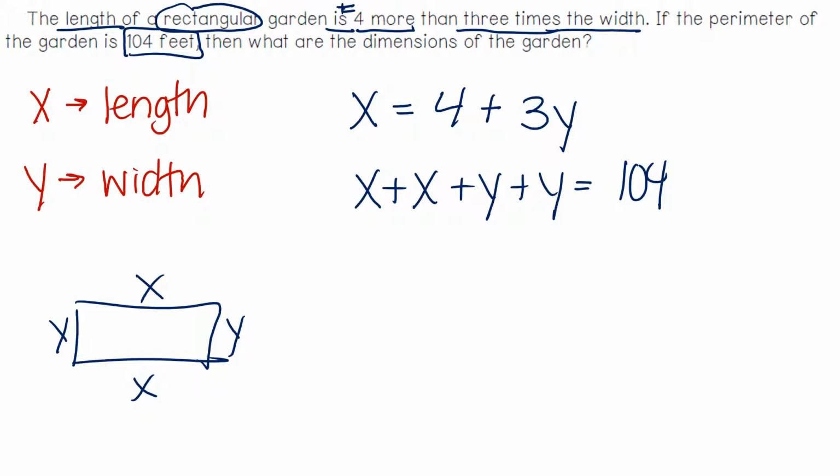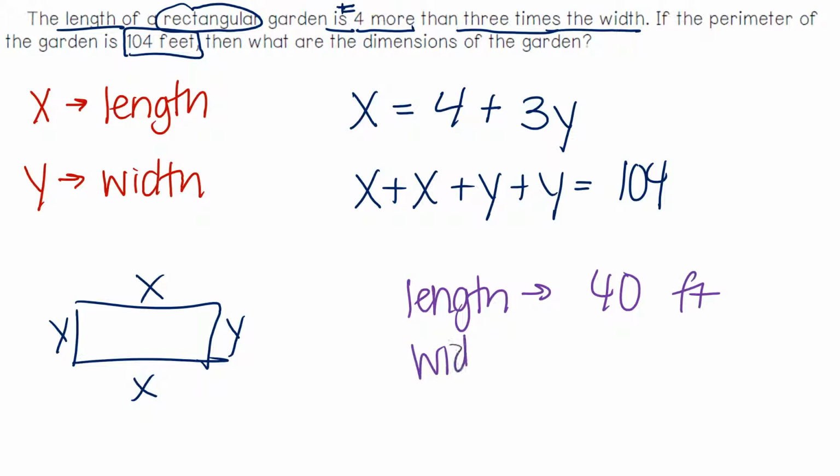You can choose whether to use the elimination method or the substitution method to solve your equations. Once you use either of those methods, you should get the answer that the length is going to be 40 feet and the width is going to be 12 feet.